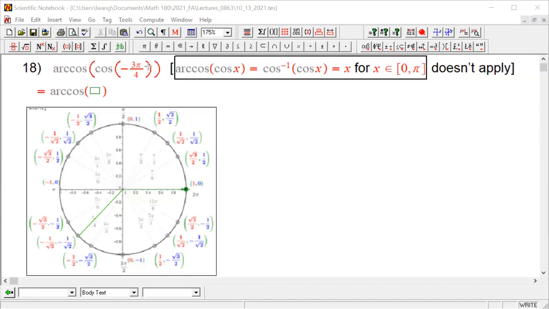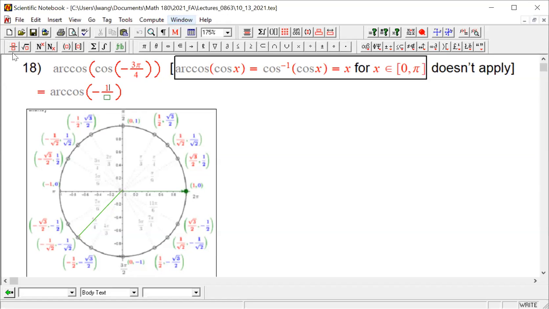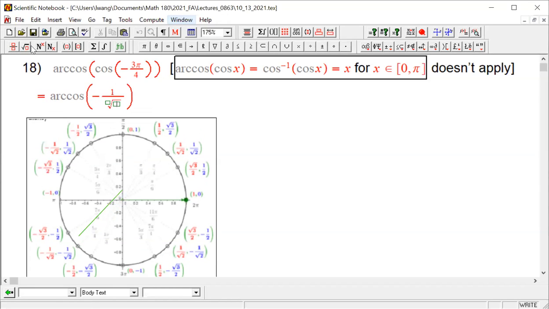It's a cosine. Therefore, we know the reference angle, and of course, cosine takes the x number. So in this piece, we're going to have -1 over square root of 2. You guys see that? And then this piece is ARD.